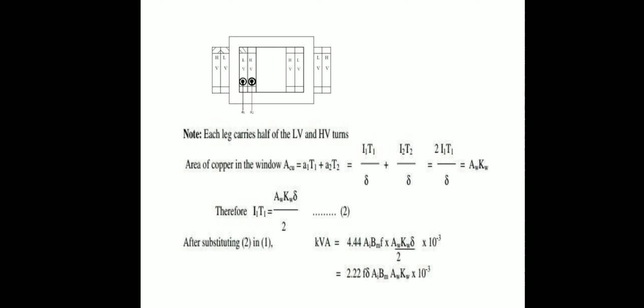After substituting 2 in equation number 1, KVA equation, KVA is equal to 4.44 phi m f into AW KW delta upon 2 into 10 raised to power minus 3. That will become 2.22 f delta AI BM AW KW into 10 raised to power minus 3.